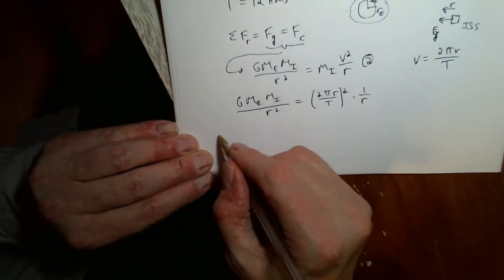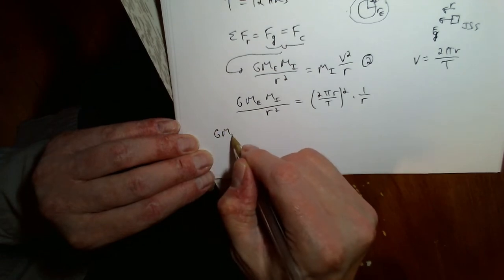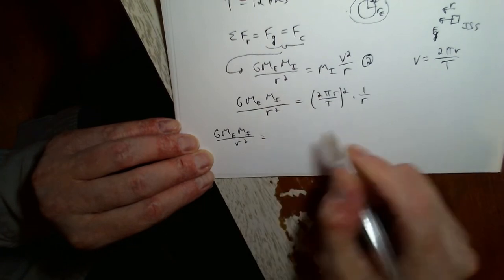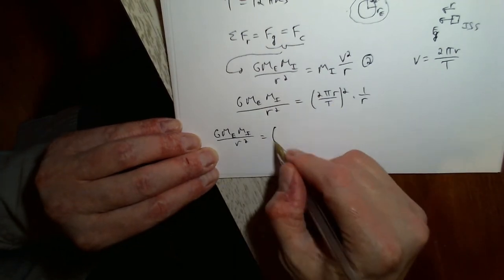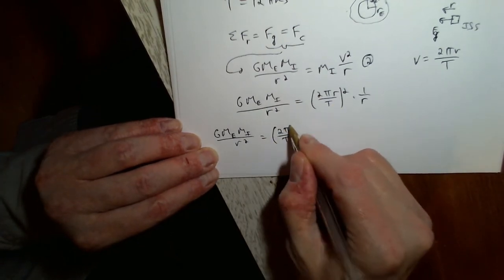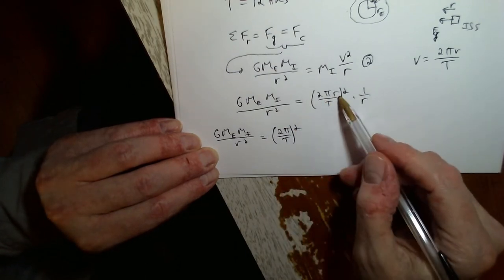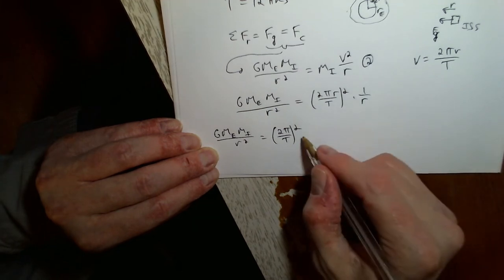And I'm going to simplify: G mass Earth mass ISS over r squared is equal to 2 pi over period, squared, times r squared over r, which is just r.